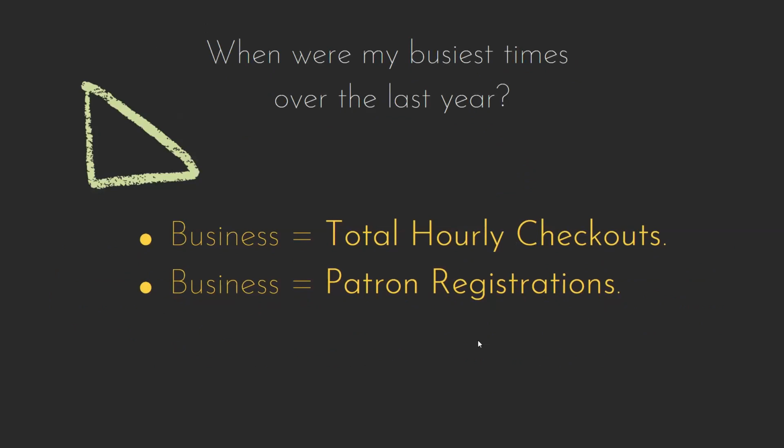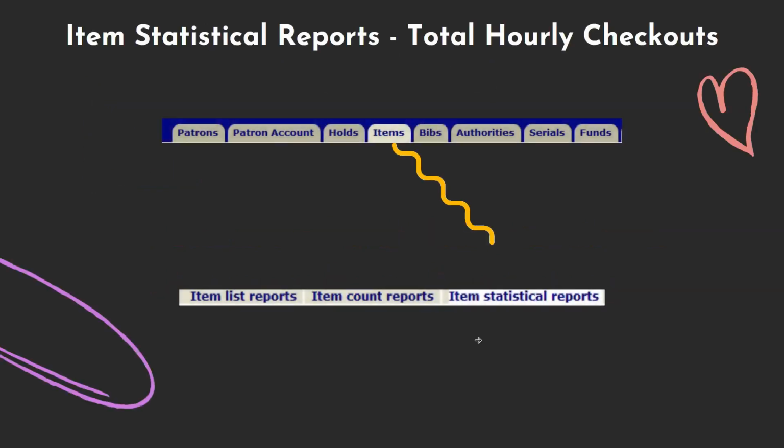Okay, so the two reports that I'm taking as measurements of busyness and time are total hourly checkouts and patron registrations. We're going to go into items and then item statistical reports again, because checkout always means statistical report every time.